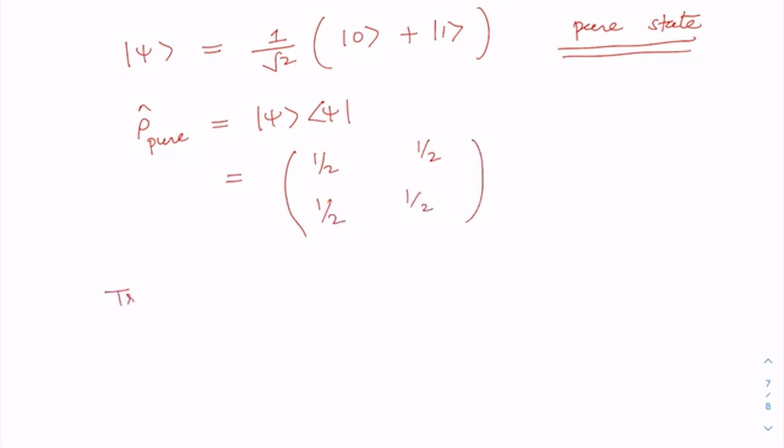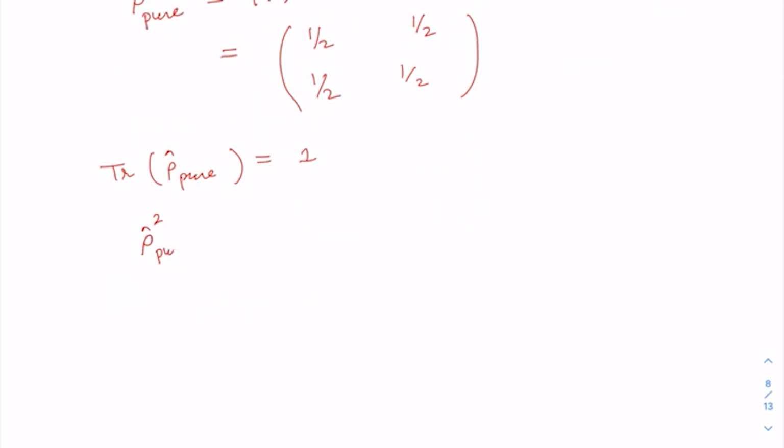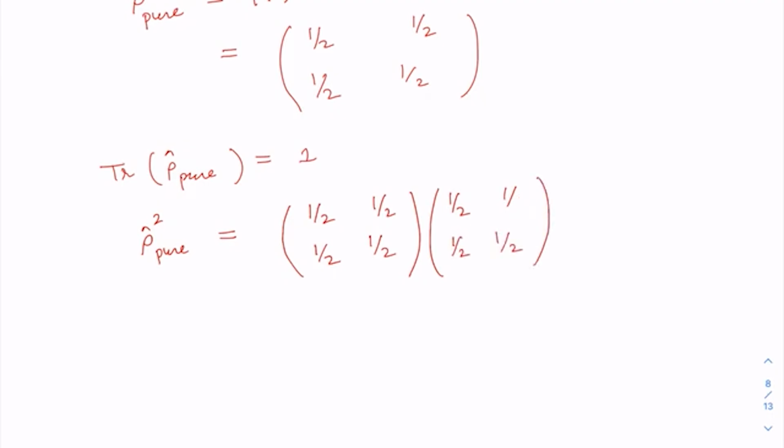Now immediately you see the trace of rho is obviously 1. What about rho square pure? This would be simply the matrix multiplication of rho pure with itself. If you do the multiplication, you will get 1 by 4 plus 1 by 4 in each entry.